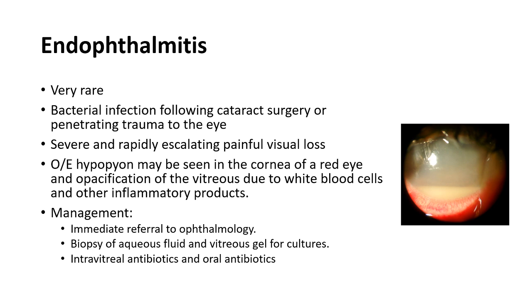The posterior segment will be hazy as the vitreous becomes opacified due to white blood cells and other inflammatory products. The management is with immediate ophthalmological review, cultures taken from biopsies of aqueous and vitreous fluids, and injection of intravitreal antibiotics into the eye.